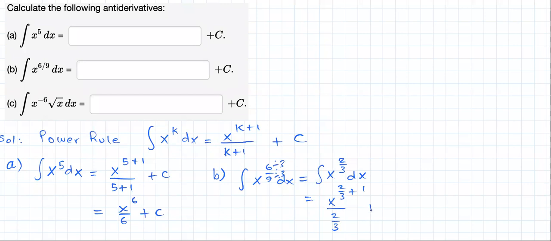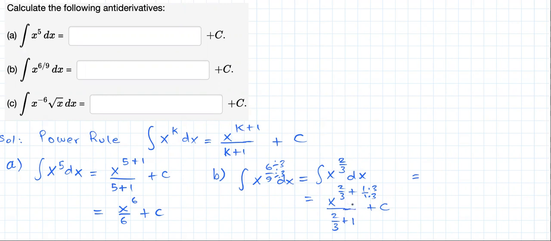2/3 plus 1, plus a constant. But remember, adding 2/3 plus 1 is the same as adding 2/3 plus 1 over 1, LCD 3, so this becomes 5/3, right? And don't forget that on the denominator also you have to add 1, right?